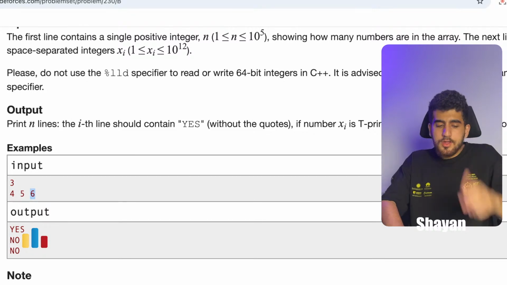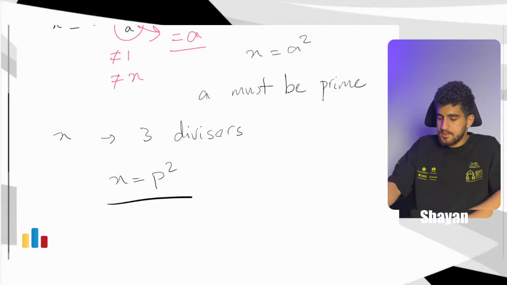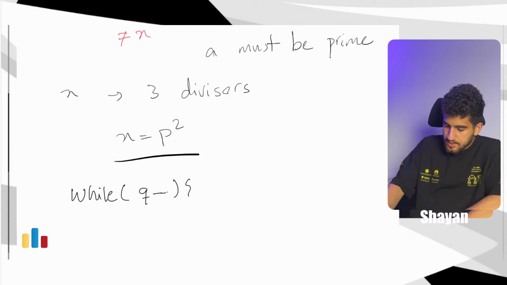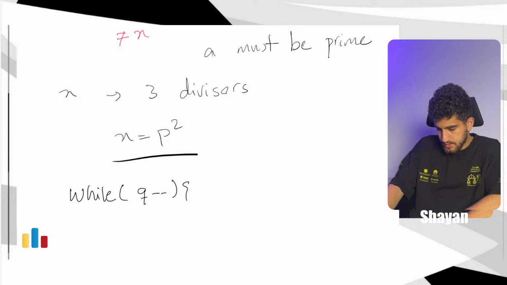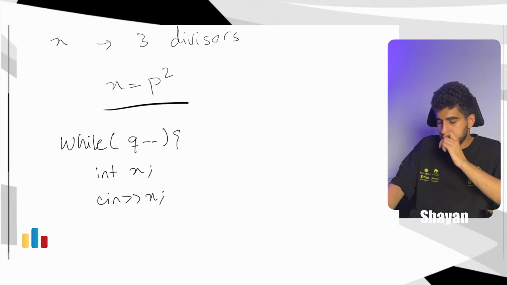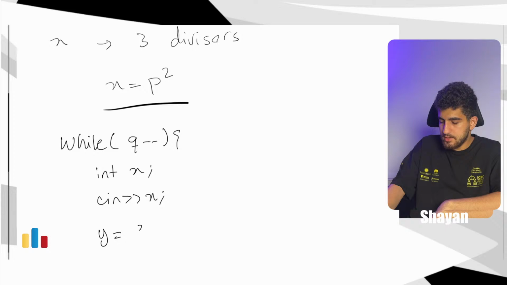So the only question is, when we get an x, for each query, while q minus minus, each time we get some x as input, and we want to see that, let's say, y is equal to sqrt of x.